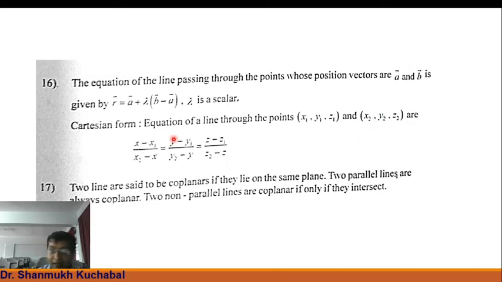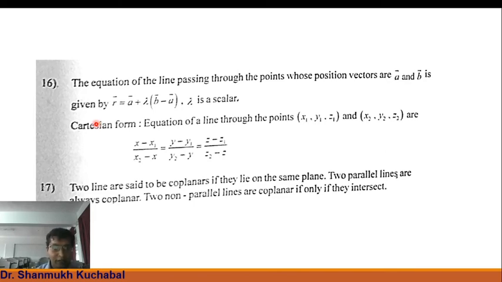Then this is given by (x minus x1) by (x2 minus x1). The second is very simple: wherever x is there, replace it with y, so we get (y minus y1) by (y2 minus y1). Next, replace y with z: (z minus z1) by (z2 minus z1). Like this we can remember it. Only one formula we have to remember; the remaining ones are very easy.